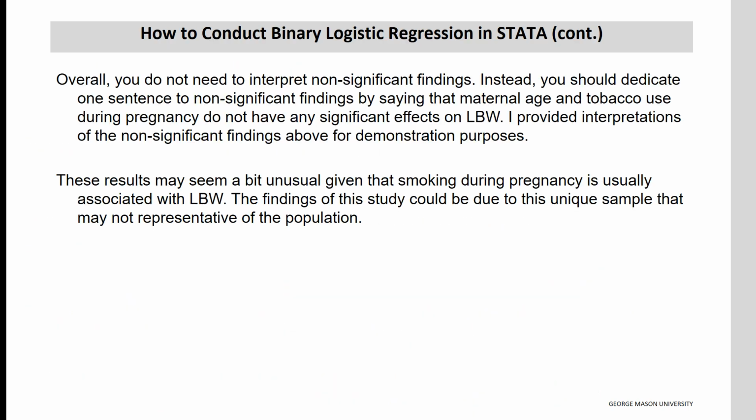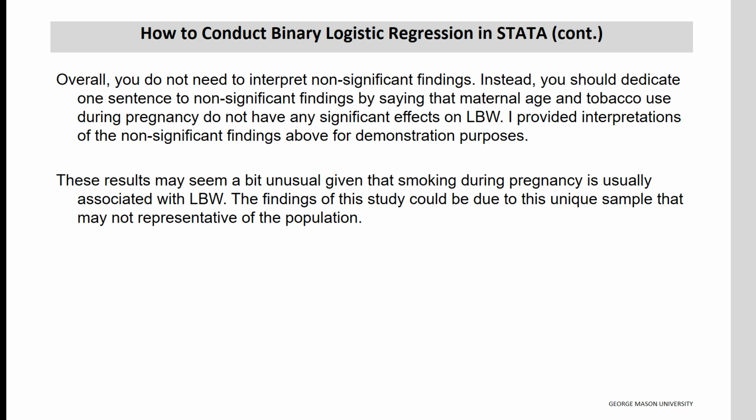Overall, you do not need to interpret non-significant findings. Instead, you should dedicate one sentence to non-significant findings by saying that maternal age and smoking during pregnancy do not have any significant effects on low birth weight.